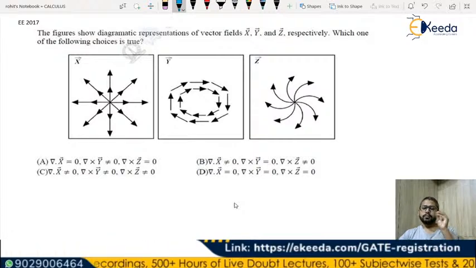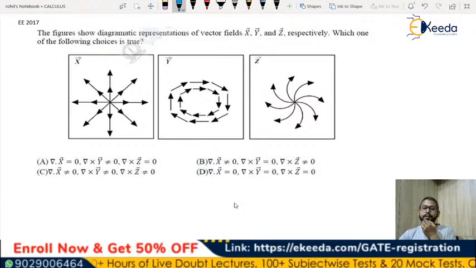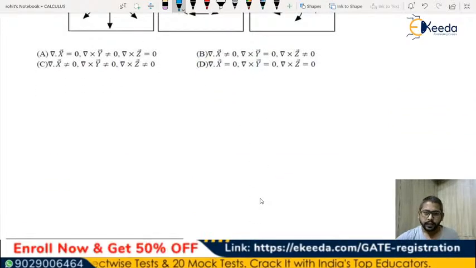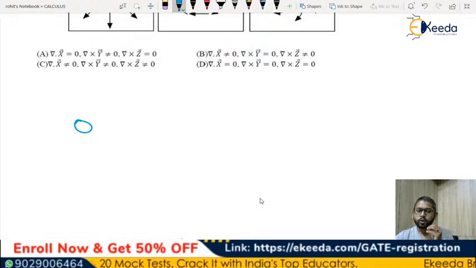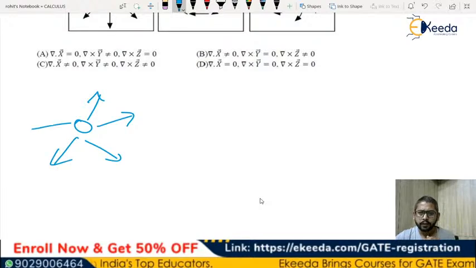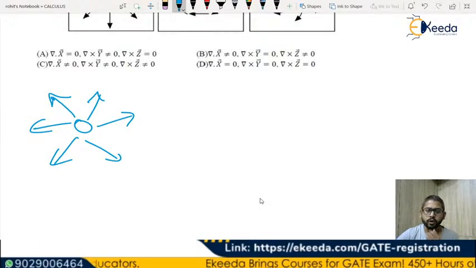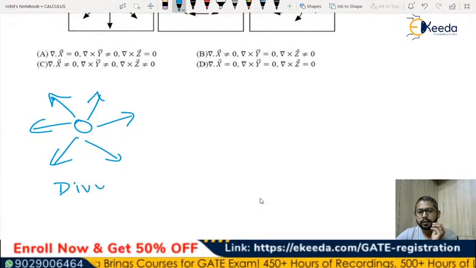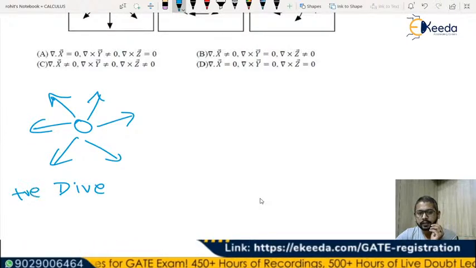Divergence and curl. Right. So what about divergence? If you talk about divergence, we have already discussed it in the theory part also. It is about source and sink. So if you take it as a fluid or field, whatever, if it is coming out of a source or a point, you'll say that it is a positive divergence.